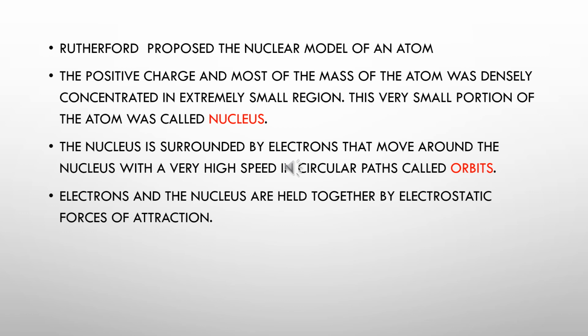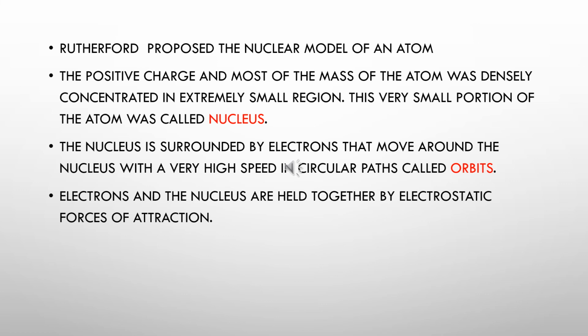Based on the various observations made by Rutherford in the alpha particle scattering experiment and the inferences derived from it, Rutherford then proposed the nuclear model of an atom. These are the postulates of this nuclear model of atom. The positive charge and most of the mass of an atom was densely concentrated in an extremely small region.